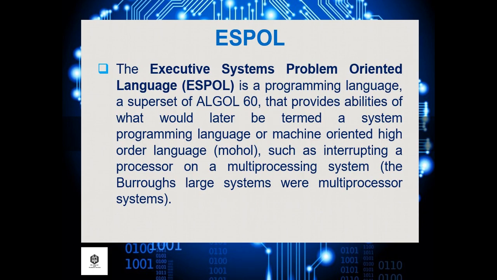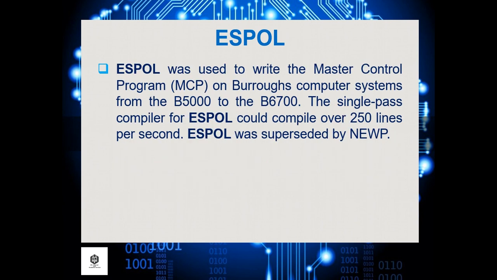The Executive Systems Problem-Oriented Language, or ESPOL, is a programming language, a superset of Algol 60, that provides abilities of what would later be termed a system programming language, or machine-oriented high-order language, or MOHL, such as interrupting a processor on a multiprocessing system, as the Burroughs large systems were multiprocessor systems.